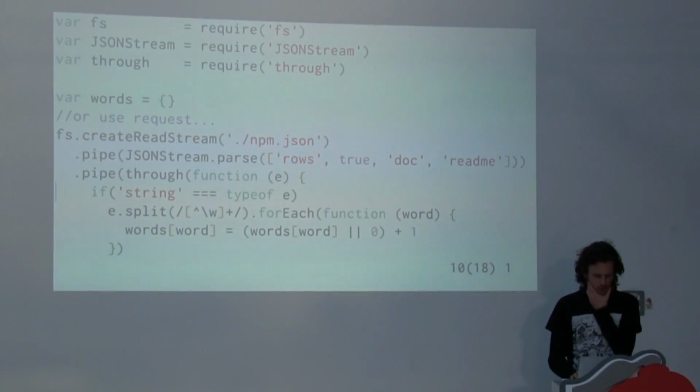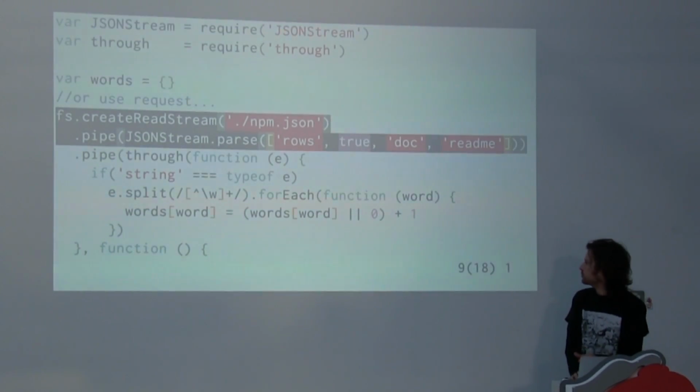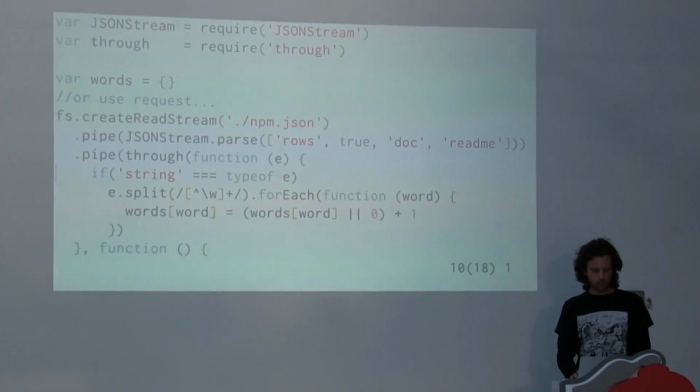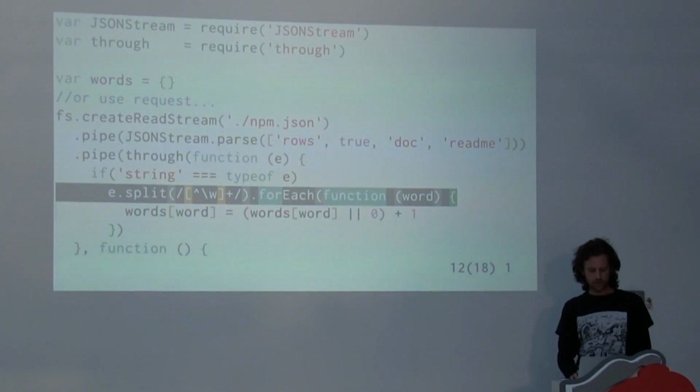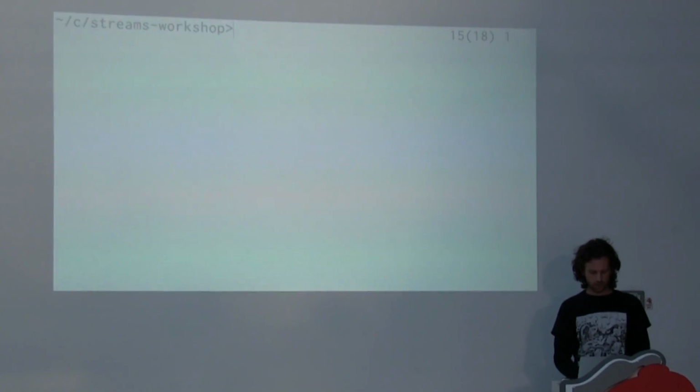Here's another slightly more complicated example. This time we'll load the JSON data again, and then we'll get all of the readmes, and then we'll split the readmes into words, and then we'll count all the words. And then at the end we'll output the counts.